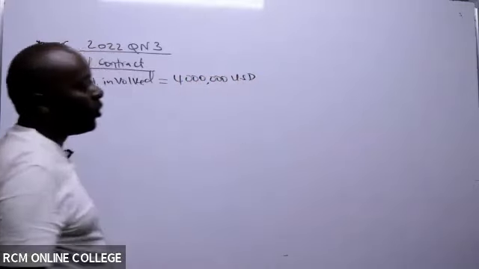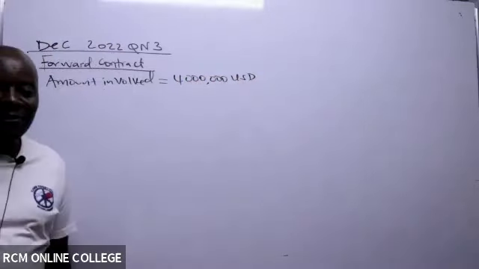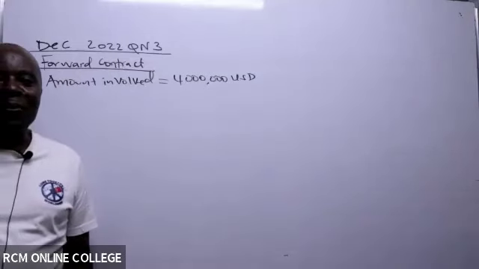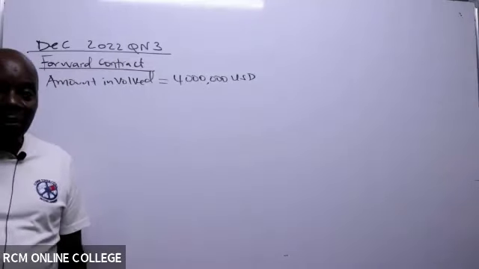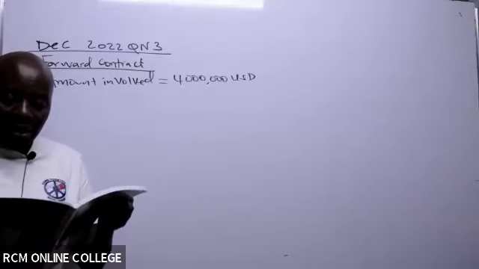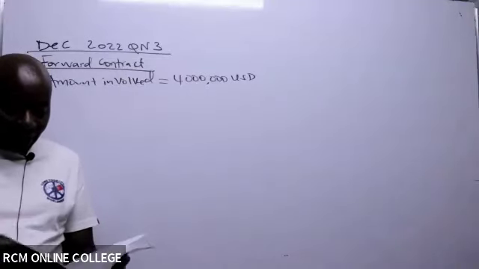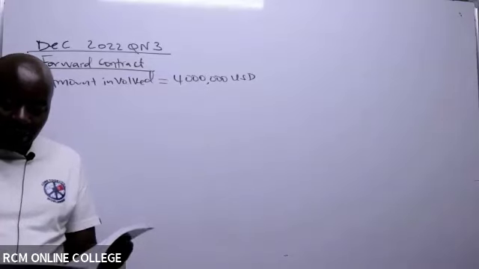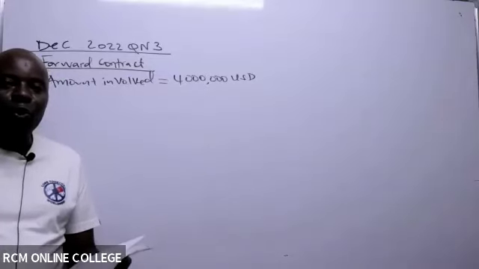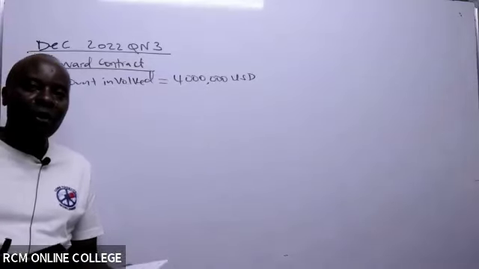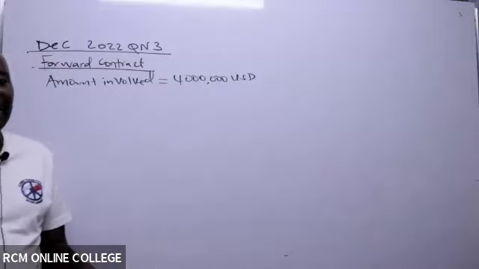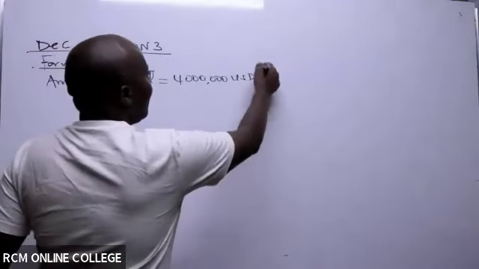Is it payable or receivable? It's payable, because you can see this company called Rema has bought goods. So it has brought goods into the UK. They're required to pay. So this one here is a payable.